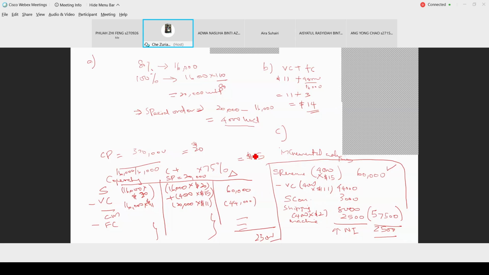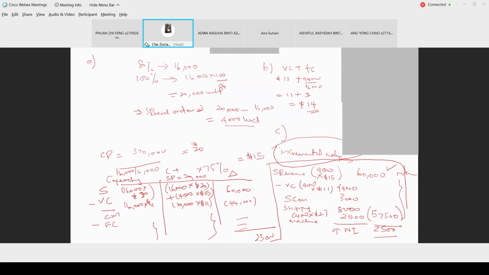So boleh. Kalau nak buat macam ni pun tak ada masalah. Okay, either one lah. Sebab dia bagi tahu incremental analysis, supposed to you kena ambil yang relevan sajalah kan, yang kita belajar hari tu. Tapi kalau you buat macam ni, you still get marks lah. Okay, tapi mungkin akan deduct sikit sebab you tak follow the approach mentioned in the question.